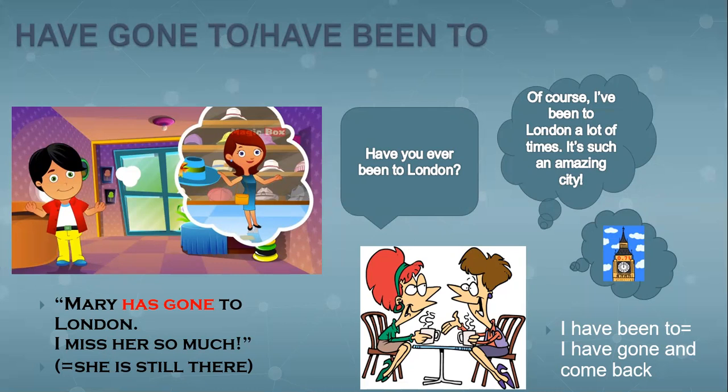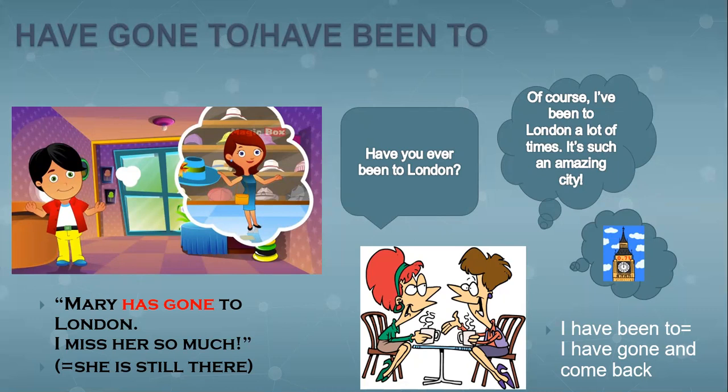So we need to learn the differences between both of the expressions and how to use them. So if I went to a place and came back, that means I've been to that place because I already came back from it. But if I went to a place and I am not back yet, I'm still there, that means I have gone to that place.